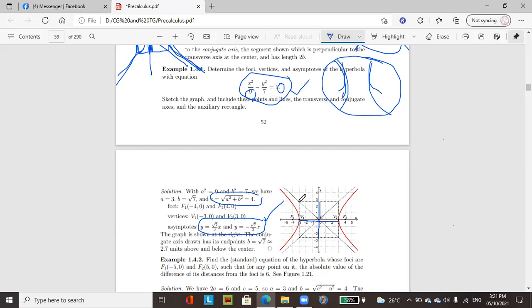So we can now draw the auxiliary rectangle, and from that auxiliary rectangle we draw the two asymptotes, and then we can draw the hyperbola. Any questions? Example 1.